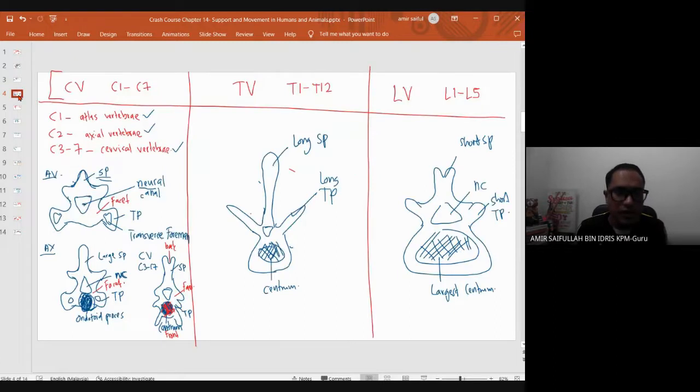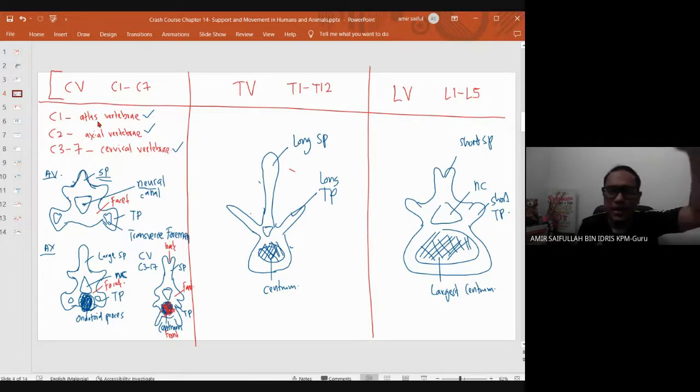Okay. So now this is the differentiation. Okay. So for the C1 cervical, the first one, C1 nama dia ada special. C1, C2, C3 ni saja yang ada nama. C1 nama dia Atlas vertebrae. Atlas ni maksudnya paling atas.